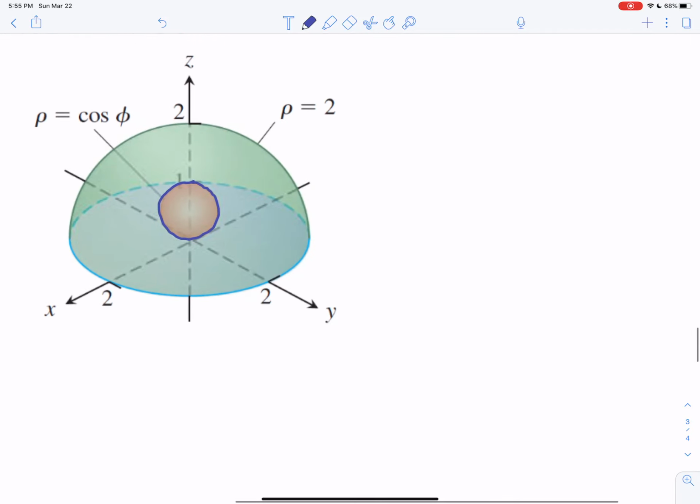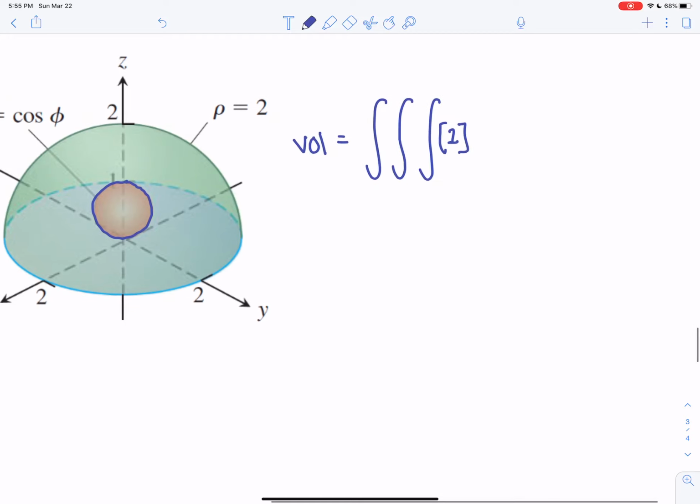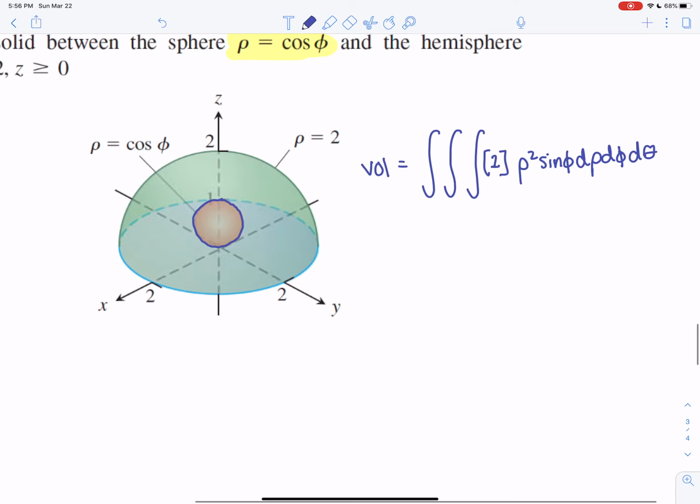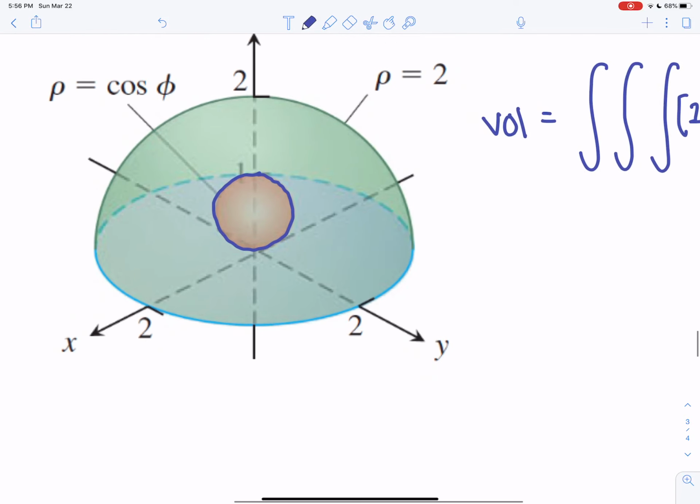So the volume of this shape is going to be a triple integral of 1 rho squared sine phi d rho d phi d theta, and then our bounds for rho. So rho, you can imagine we're trying to find the volume in between these two shapes, right? So we don't want to be in the region at the origin, right?